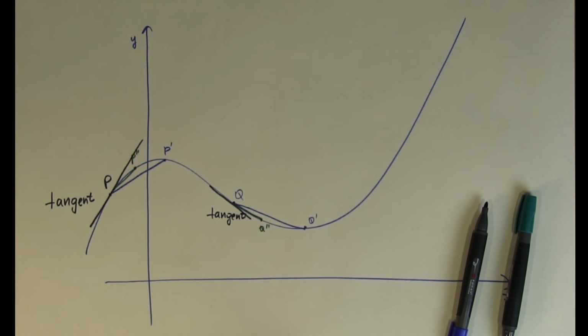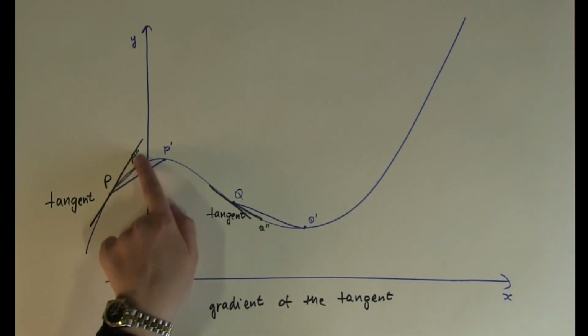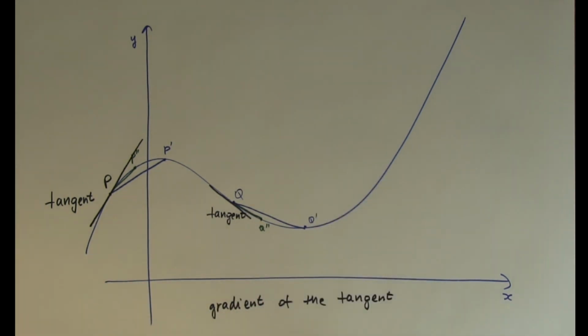So again, we can see that the 2 points P and Q are at very different stages of the curve, therefore the rate of change will be very different. But using the gradient of the tangent, we can always describe the change at that particular point. So now we know the change at one point, but that's not really helping us because we want to trace the change across the whole graph.